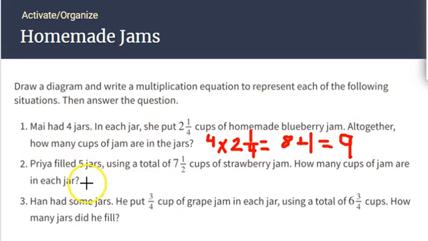What about here? Priya filled 5 jars using a total of 7 1/2 cups of strawberry jam. How many cups of jam are in each jar? Not going to look the same, is it? Because here we have 5 times something is going to get us 7 1/2 cups.